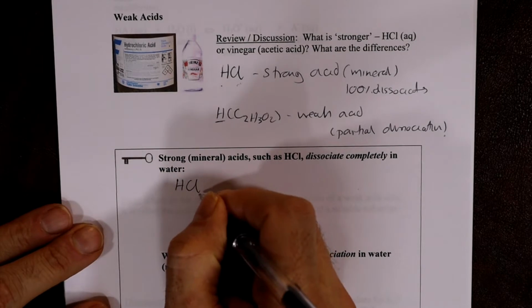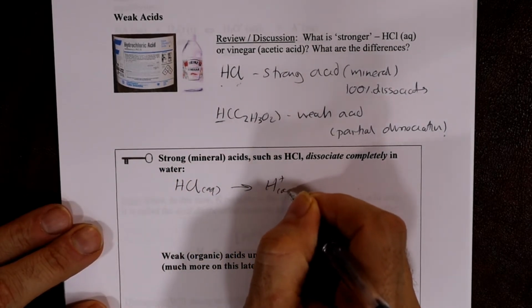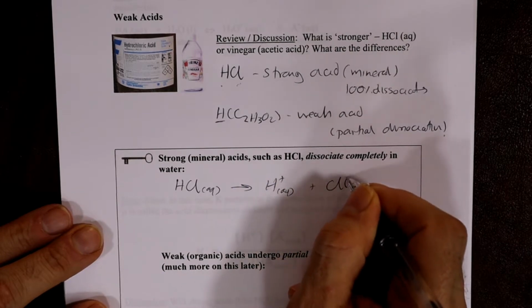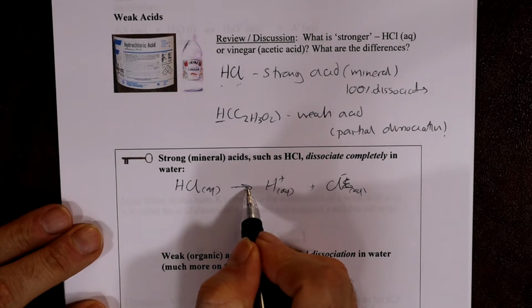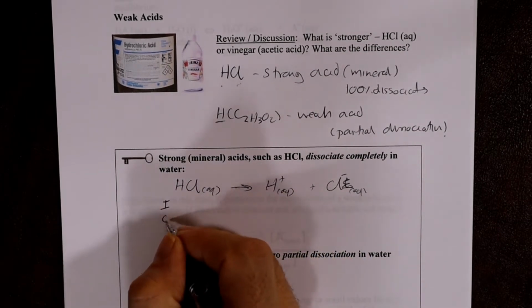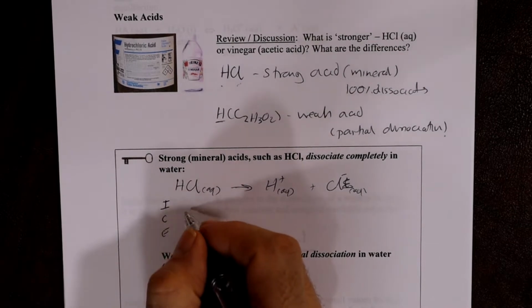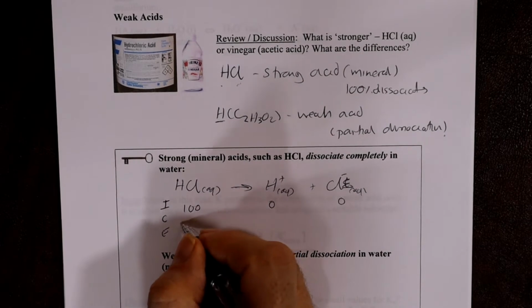So a strong mineral acid dissociates completely. How do you represent that? The single arrow. The single arrow means completely dissociated. ICE. Initially 100 moles, 100 molecules, 100%, 0 and 0.